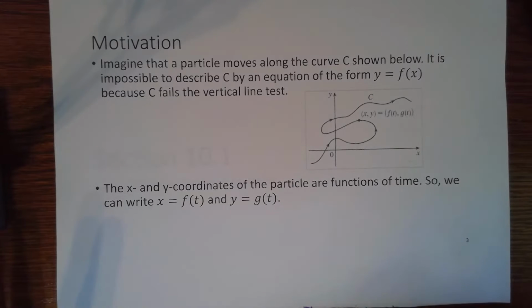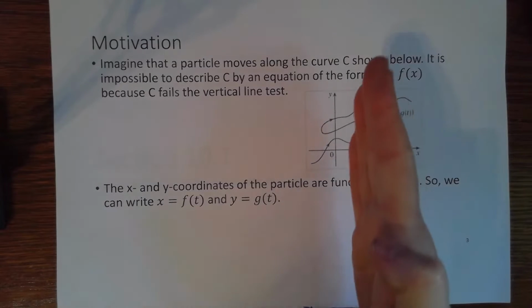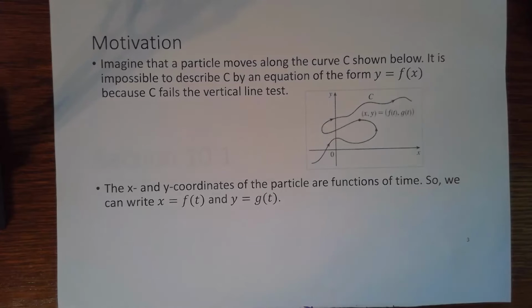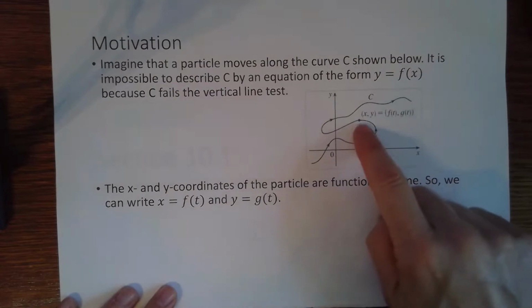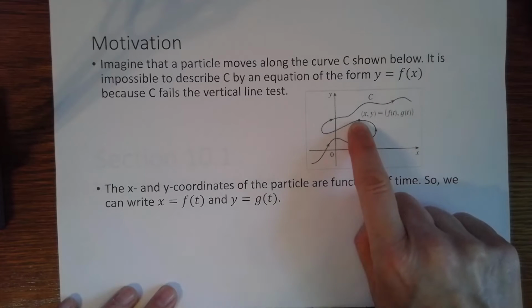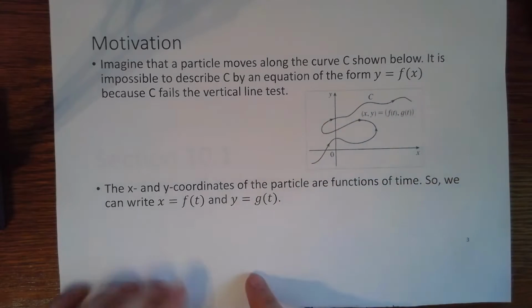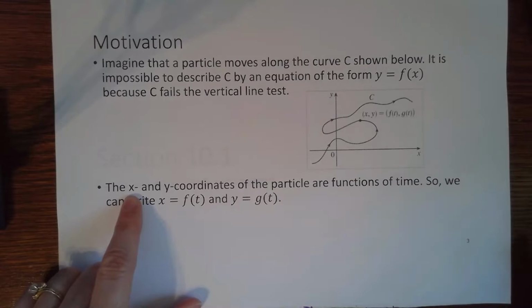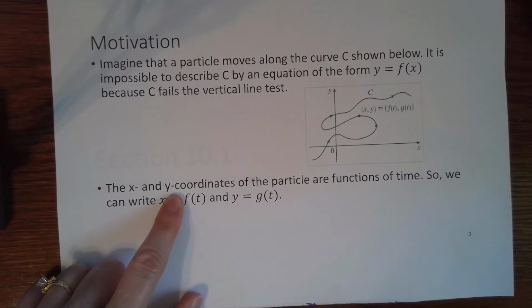Certainly we can't write a function for this particular curve, but if we look at just the x-coordinate of it, let's say this point right here, that is a function of time. And the y-coordinate as well is a function of time.